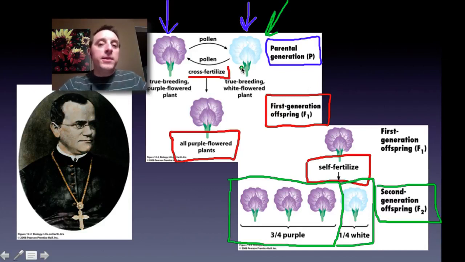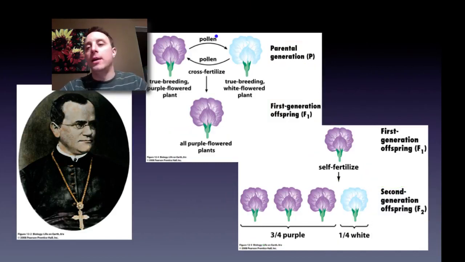From these data, he made a couple of big conclusions that we still use today. One of the main ones was the idea of dominant and recessive. He used the term dominant to refer to the trait which shows up in the F1.